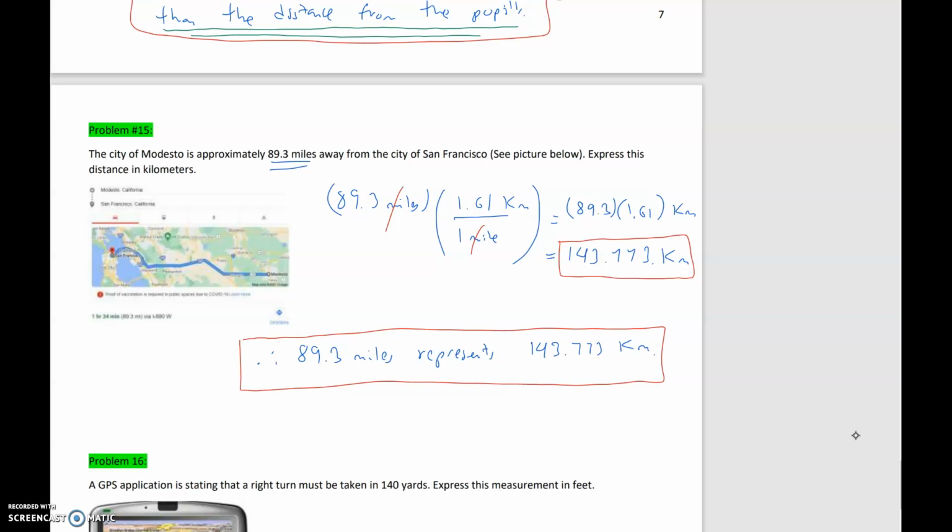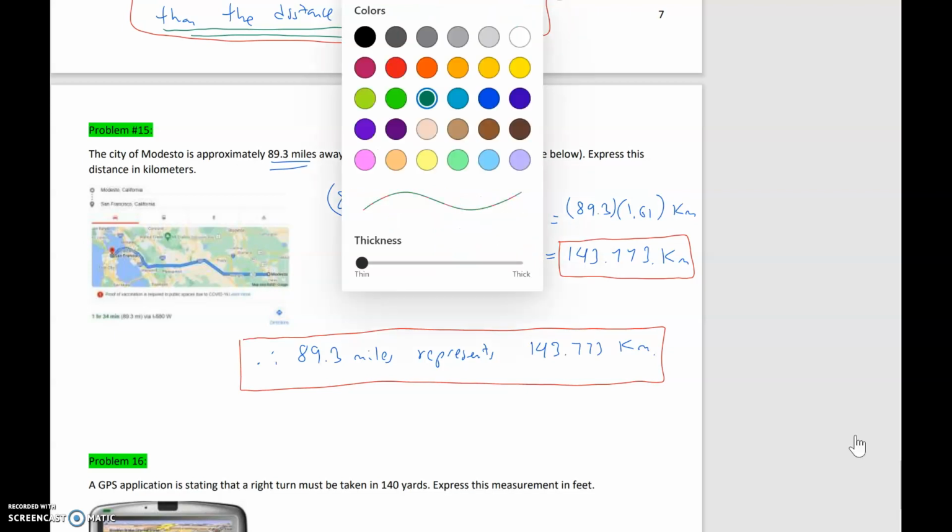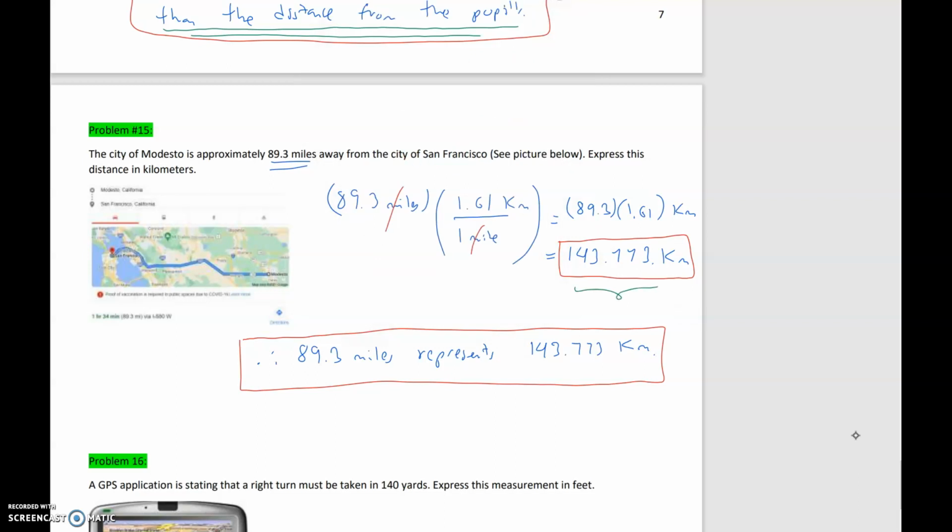That's actually it for this one. Our final answer would have been a little bit different if we would have used the other conversion. They're only a little bit off. If we would have rounded, we would probably end up with the same using both conversions, which is about 144, rounding to the nearest kilometer.